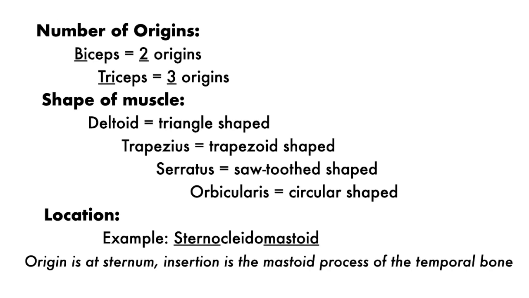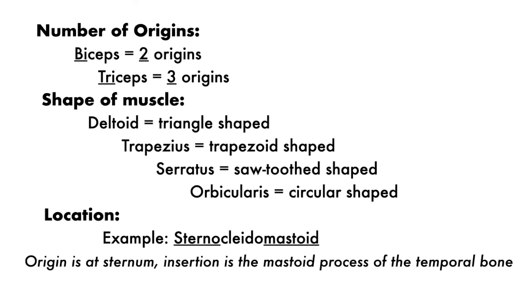The shape of the muscle, you're going to see terms such as deltoid, trapezius, serratus, and orbicularis. Deltoid, think about a delta triangle. Trapezius, a trapezoid shape. Serratus, maybe you remember in biology or life science that serrated means sawtooth, like a sawtooth leaf. And orbit, referring to circular.